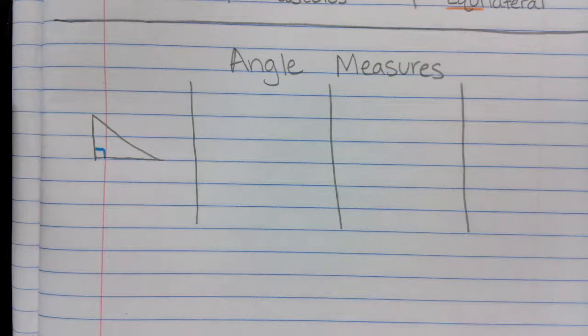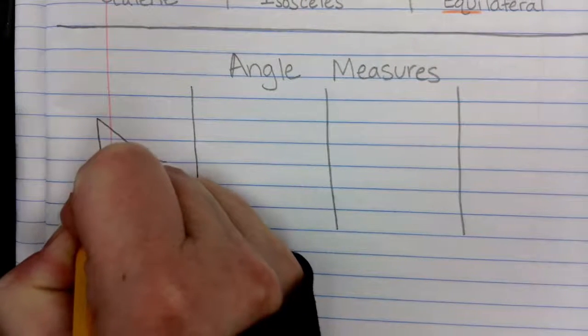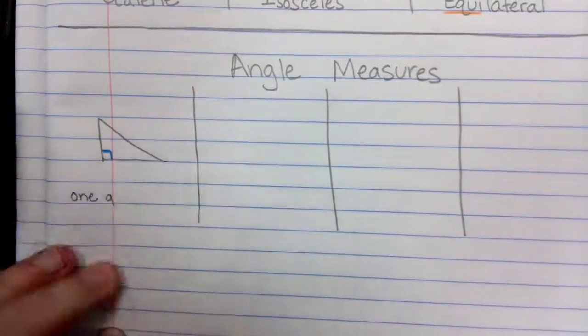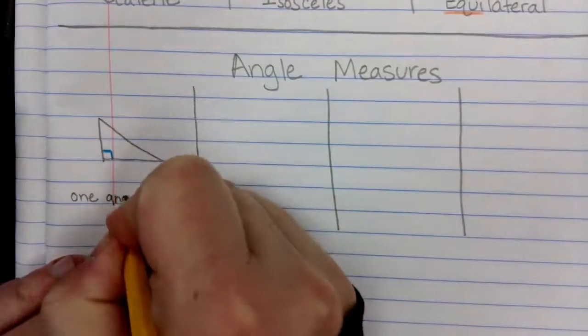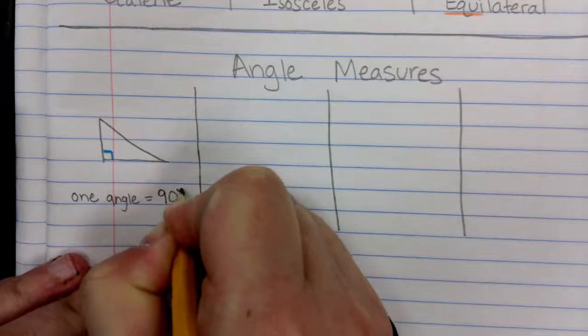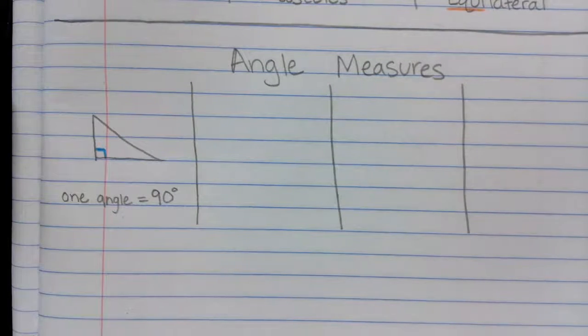We'll come back to the top half in a moment. We're about halfway down. Okay, so one angle is exactly 90 degrees. So either we see the 90 degrees or we see that little corner. That tells us it is a right triangle.